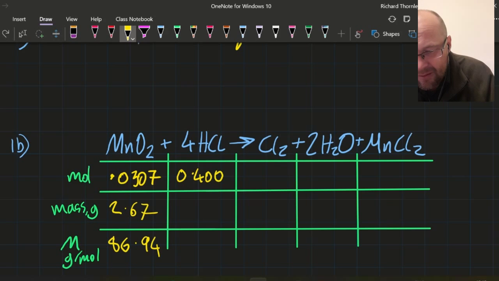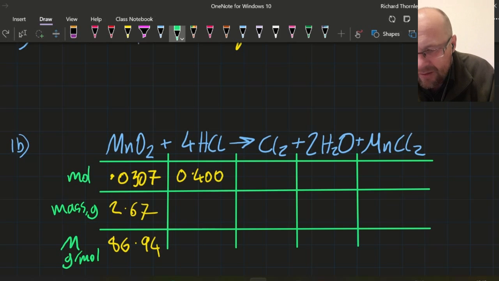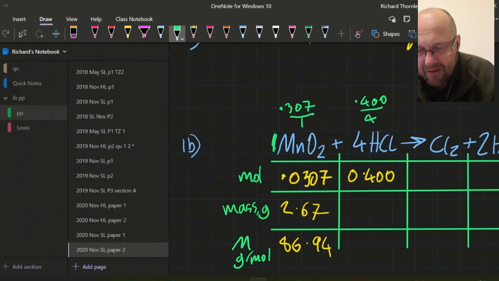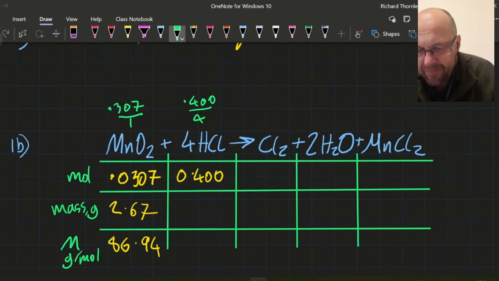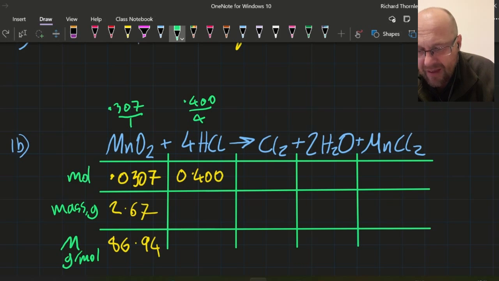Just in case it's not obvious which is the excess, too much, or the limiting, not enough, I'm going to do 0.0307 divided by 1 and 0.400 divided by 4. Where did I get those numbers from? Well, this one is there, and there's the 4. So I did the moles over the coefficient. Which one's lowest? That's the limiting.